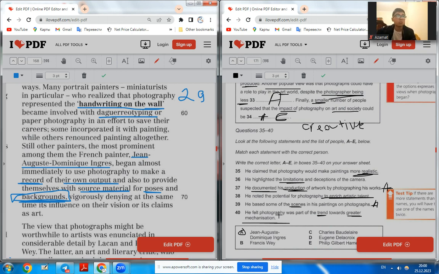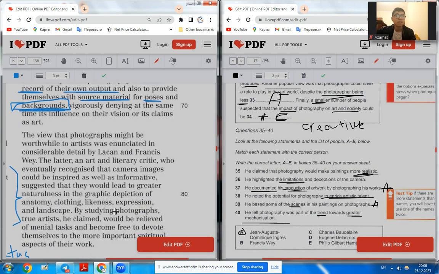So now, let's continue reading the passage. The view that photographs might be worthwhile to artists was enunciated in considerable detail by Lassen and Francis Wey. Here we have Francis Wey, right?